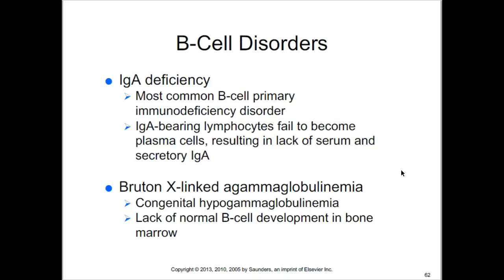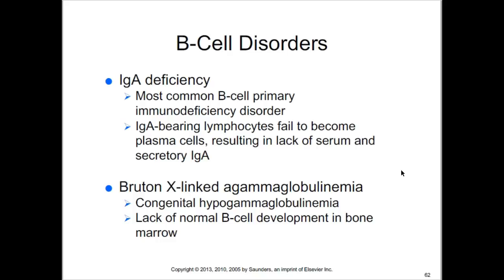Right, some B cell disorders. The most common is IgA deficiency. So basically, IgA-bearing lymphocytes fail to become plasma cells, resulting in a very low or severe lack of IgA.